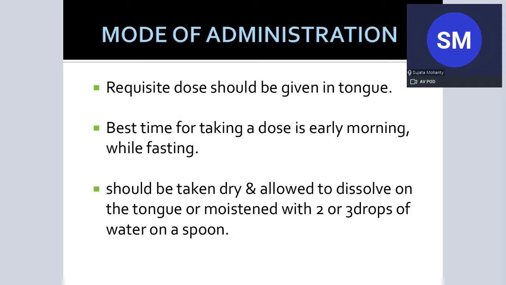Then the mode of administration: the requisite dose should be given on the tongue. The best time for taking a dose of antipsoric remedy is early in the morning while fasting, on an empty stomach. In the early morning the stomach is completely empty, so that is the best time to take a dose of antipsoric medicine. It should be taken dry and allowed to dissolve on the tongue, or moistened with 2 or 3 drops of water on a spoon.